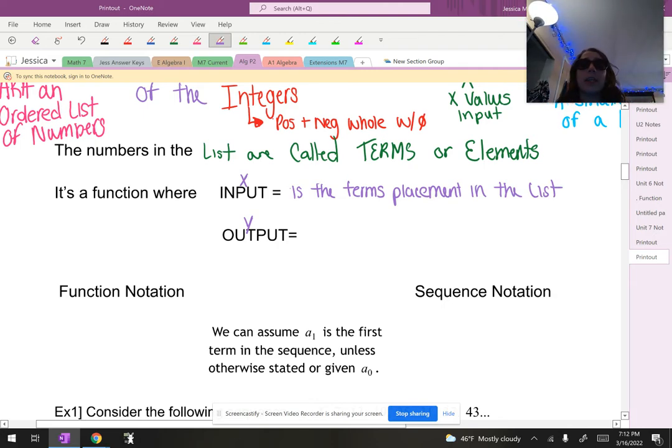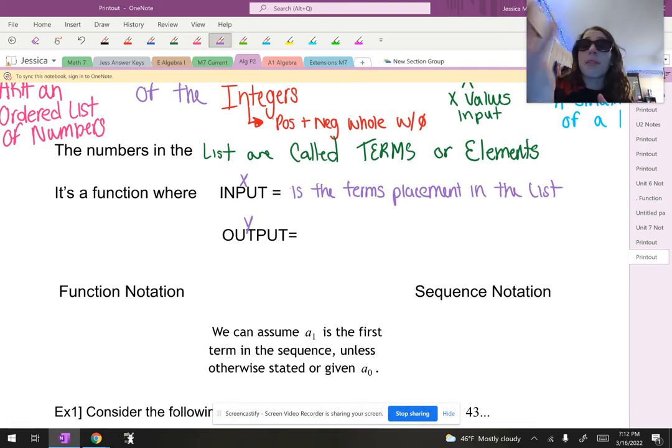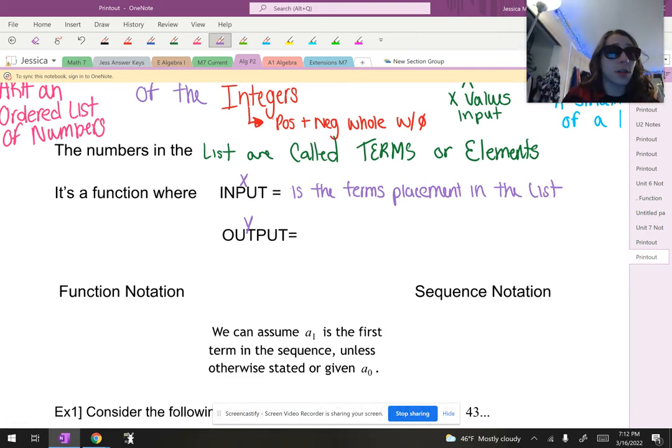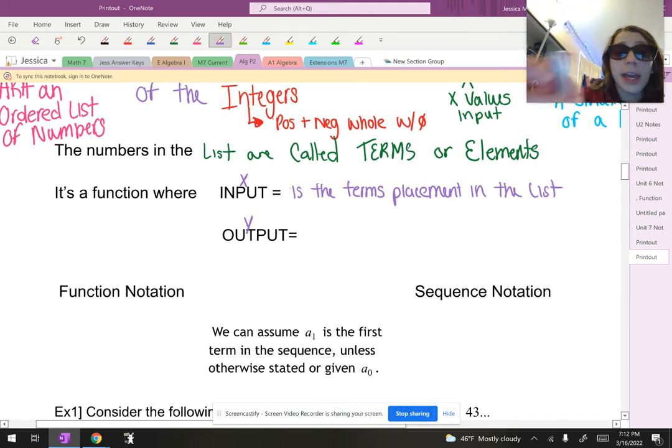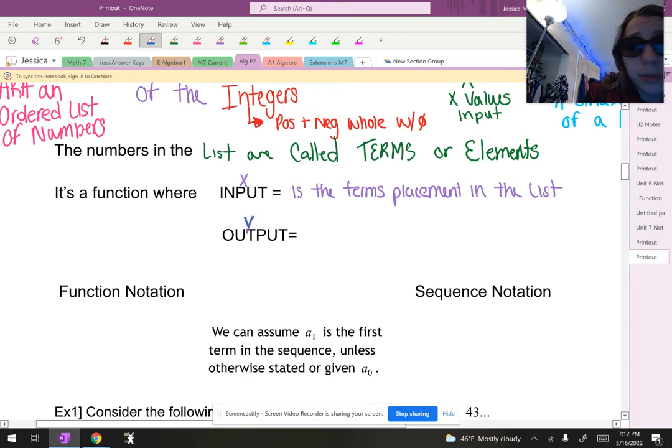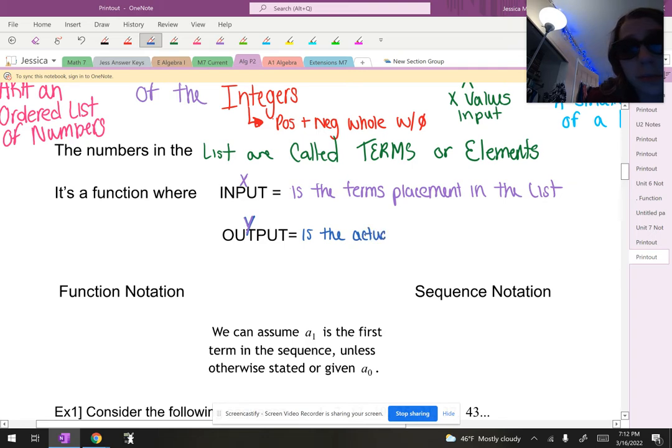So like if the input, if that x value is 1, then that would mean that that piece is the first one in that list. If the x value was 2, it would be the second one in the list. And your output, which we'll do in blue, your output is the actual number in the list.